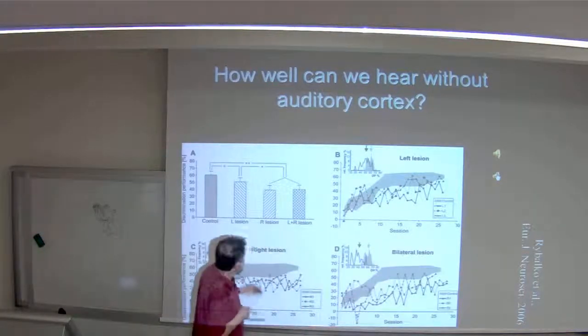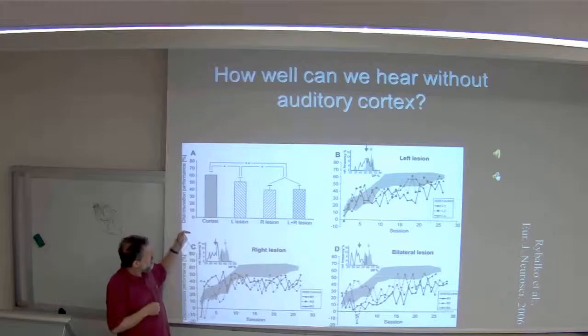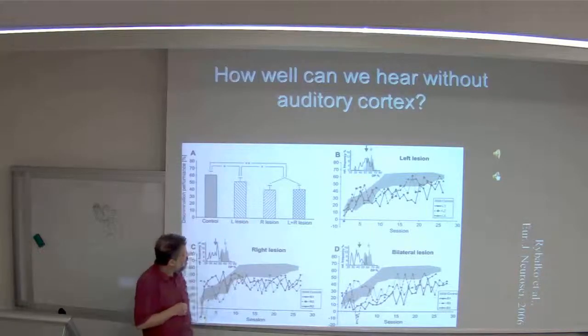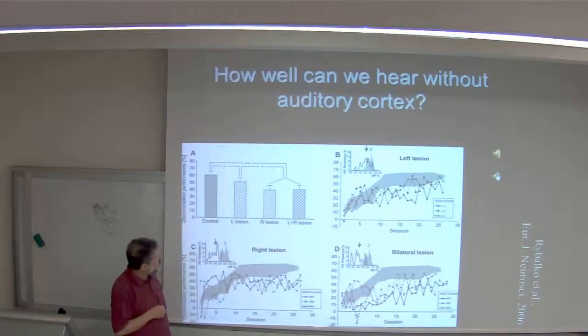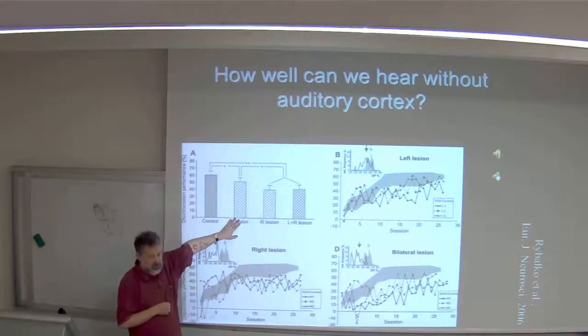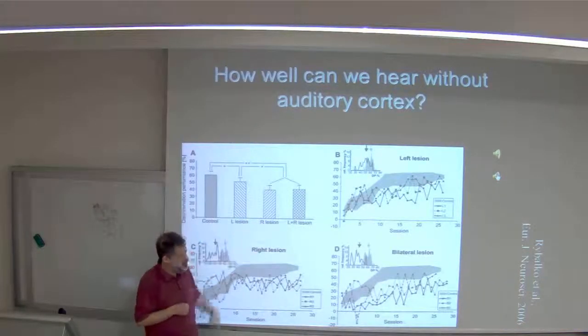And the paper claims that you need auditory cortex to do that because when you do the lesions, you have a reduction in the performance, and it looks like right lesion affects performance more severely than left lesion. So presumably you need right auditory cortex to do this task.